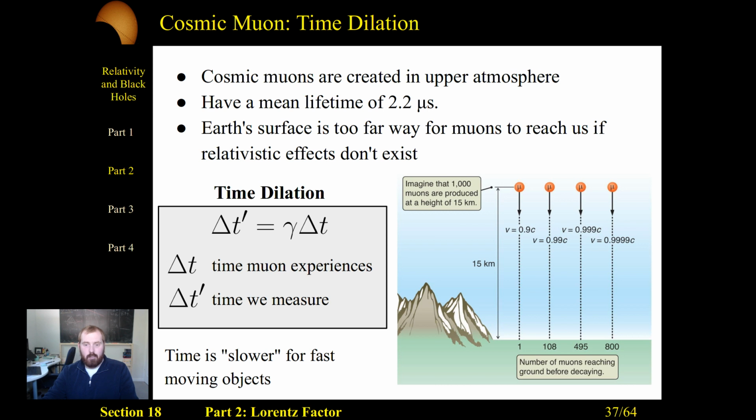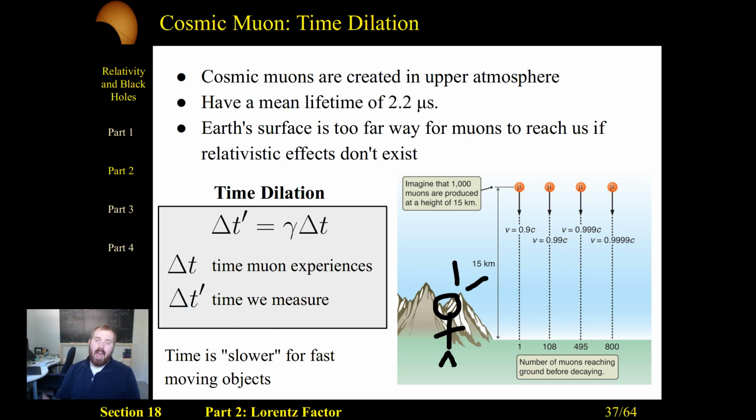Put a little human here. So here's our little stick figure human trying to detect those muons, trying to see those coming in. That's the time that we measure, delta t prime.